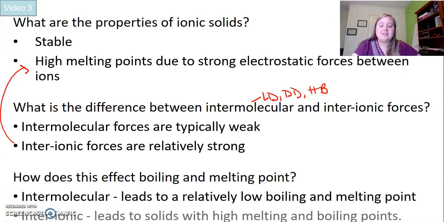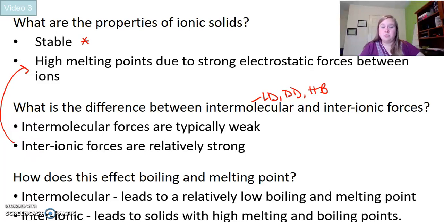Whereas if you're looking at something that has interionic attraction, because that interionic attraction is so strong and that molecule is so stable, they are going to have very high melting and boiling points. Think about the idea of taking some salt and trying to melt it in a pan on your stove. It's going to be very difficult to do that because salt is held together by that interionic attraction, which is going to be very strong, and it's going to require incredible amounts of energy in order to break that attraction.